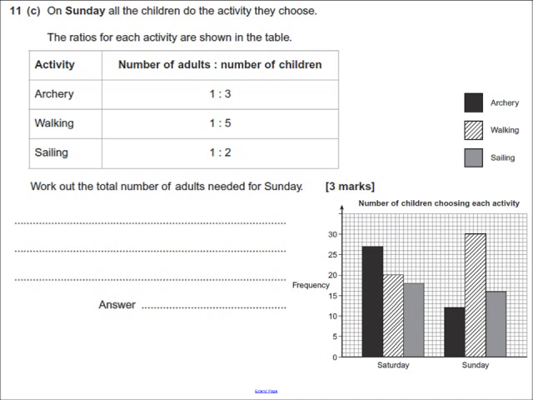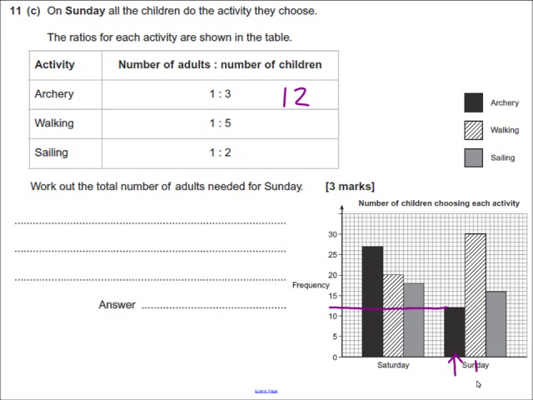And then 11c. On the Sunday, all the children do the activities they want. Work out the total number of adults needed for the Sunday. Let's have a look at each of our activities on the Sunday. So, for archery, which is our first column, there are 12 children that want to do it.